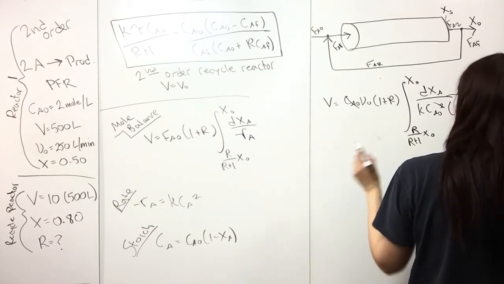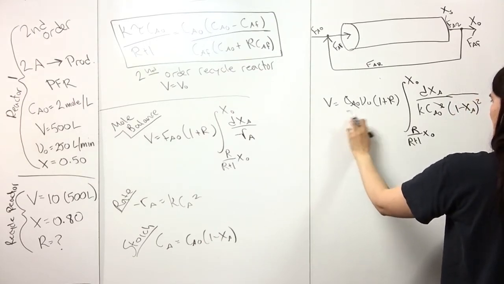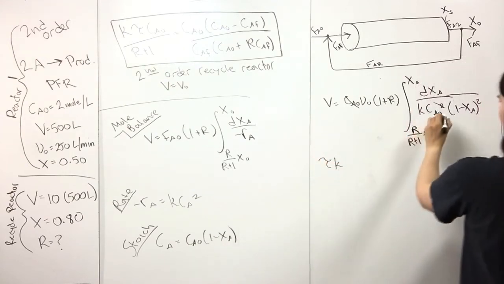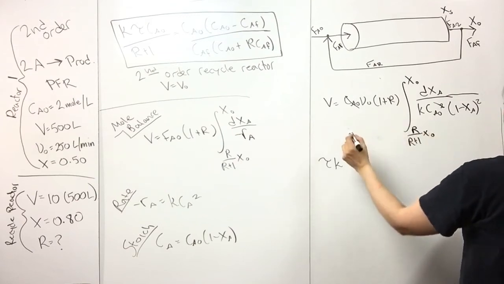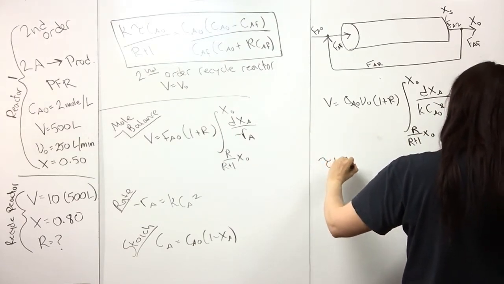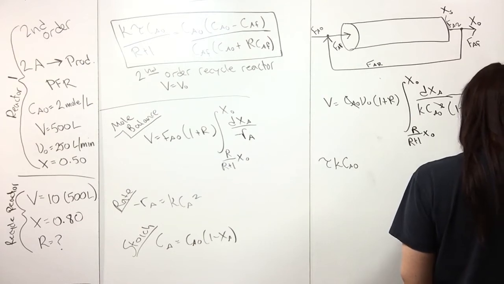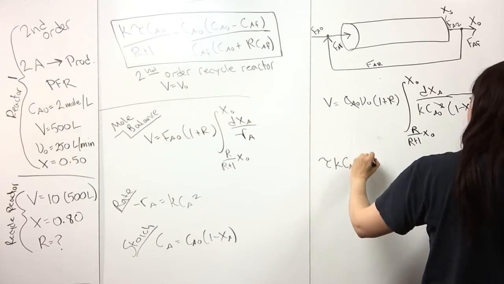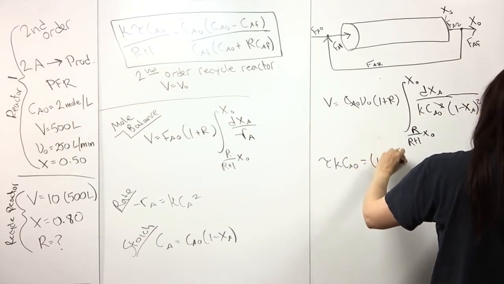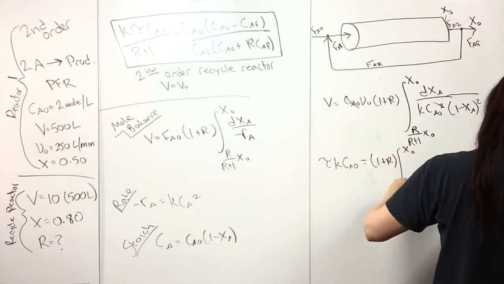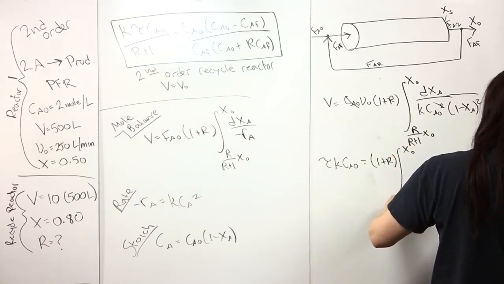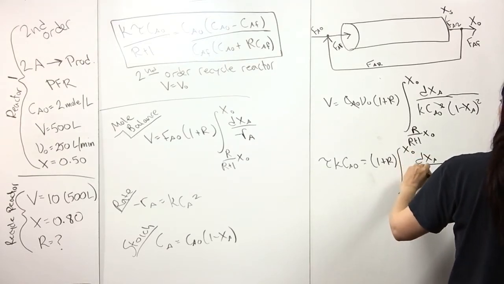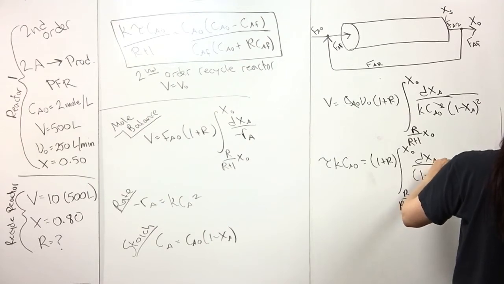So then that cancels. I'm going to divide the V naught over and multiply the k over, so I have tau k, and I'm also going to multiply the CA naught over, so I have tau k CA naught equals the integral from (1 plus R) X naught to R over (R plus 1) X naught of dXA over (1 minus XA) squared.